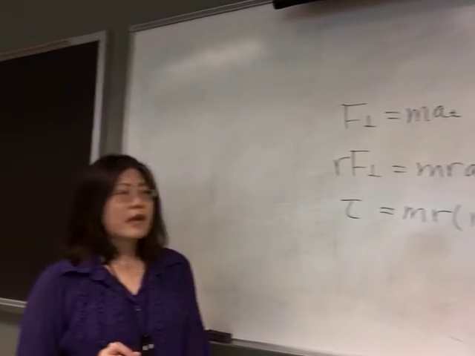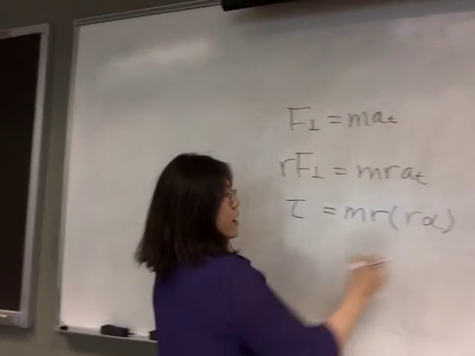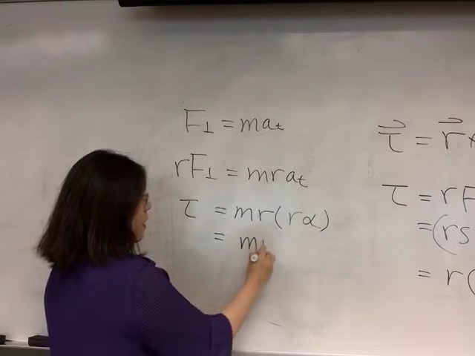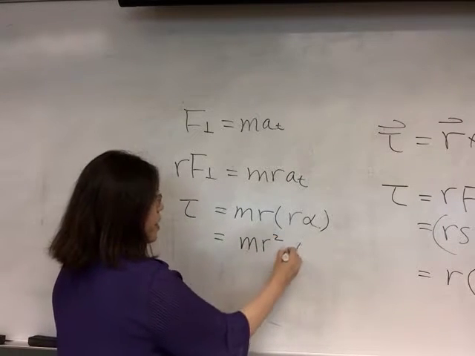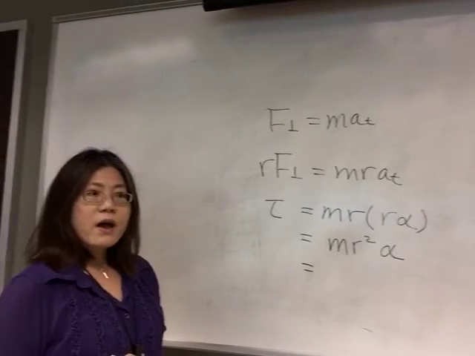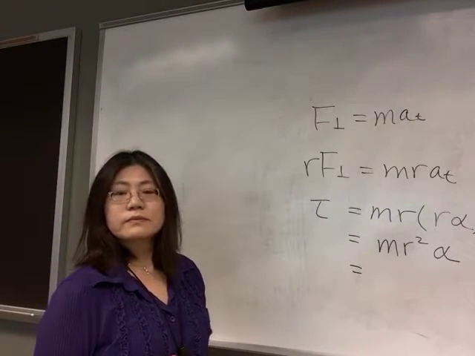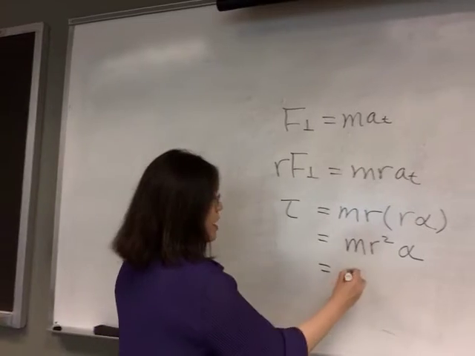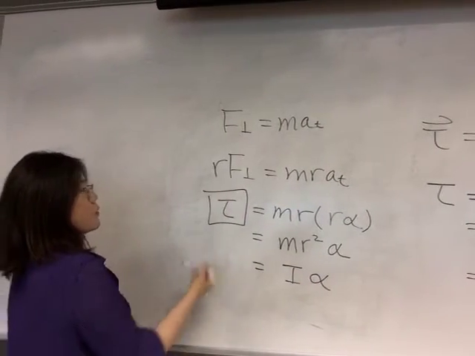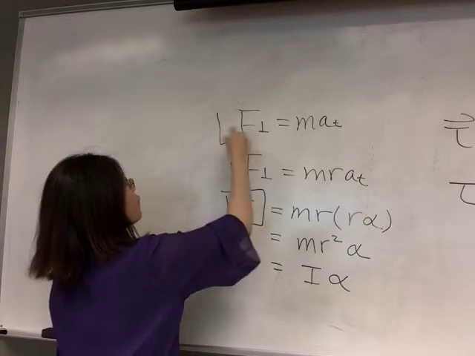That's your a in relation to alpha. So you have your m, you have your r squared, and you have your alpha. So what is mr squared? That's your rotational inertia.